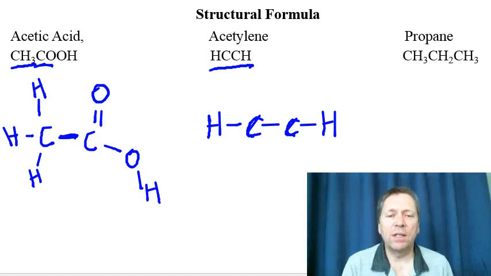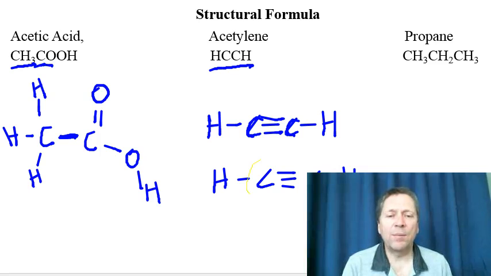We could actually increase the number of bonds here between the carbons. Now we've actually got 4 for each carbon. Hydrogen, carbon, 1, 2, 3, carbon, hydrogen. Look at this carbon here. I'll change the colour.